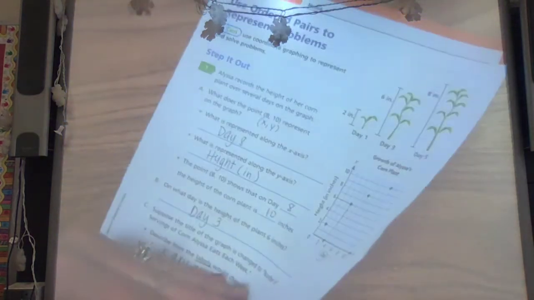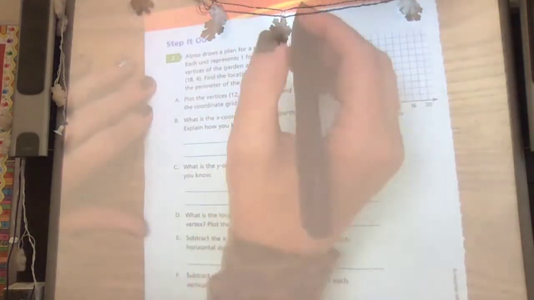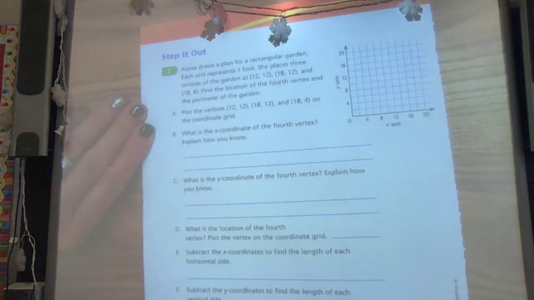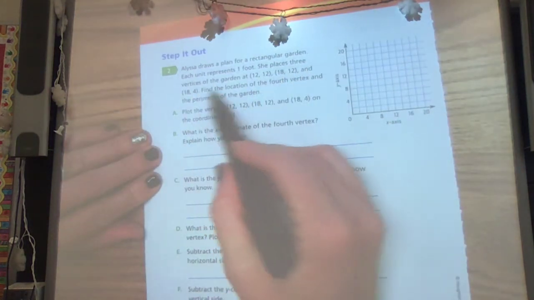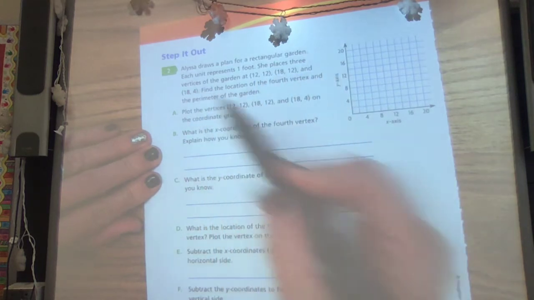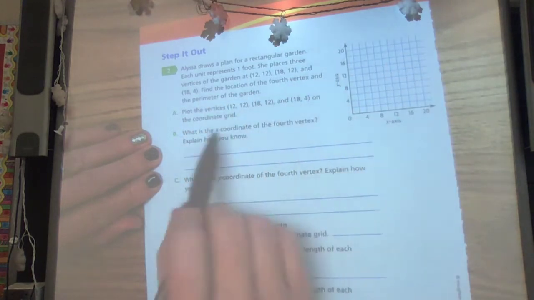All right, so let's turn and look at the back, 482. Alyssa draws a plan for a rectangular garden. Each unit represents 1 foot. She places 3 vertices of the garden at 12, 12, 18, 12, and 18, 4. Find the location of the 4th vertex and find the perimeter of the garden.